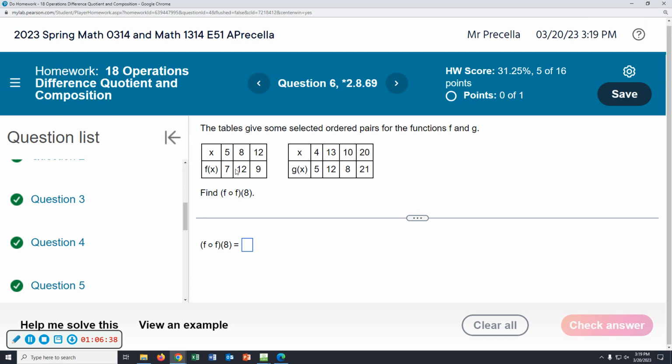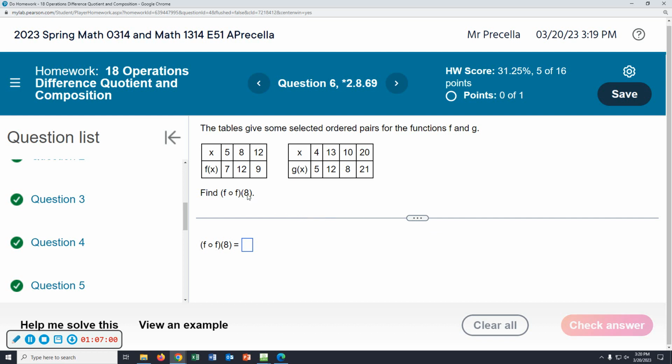They give us a table F and G. They ask us to find F composed with F of 8. Are we going to even look at the G table? We don't even look at G. That's just put there to confuse you. You're going to use the F table twice.